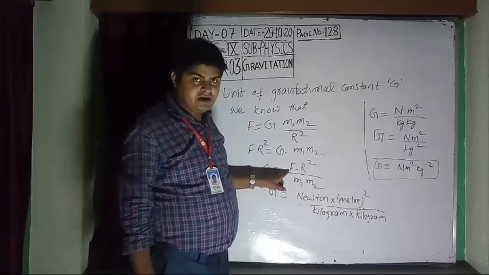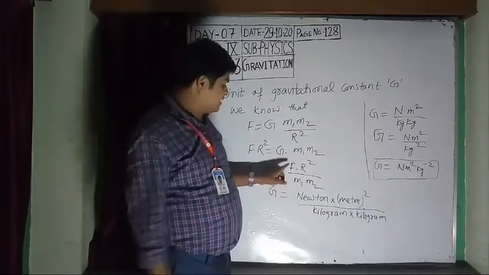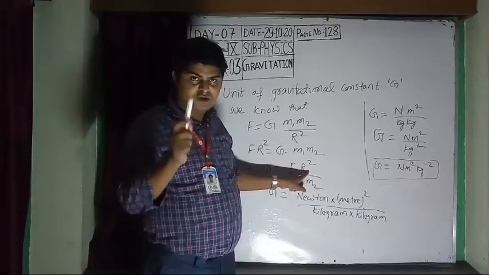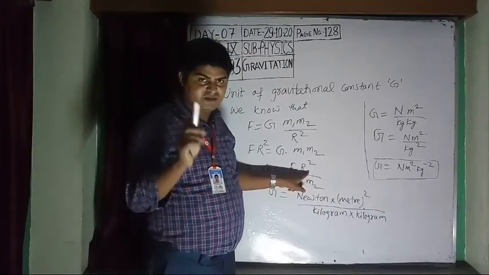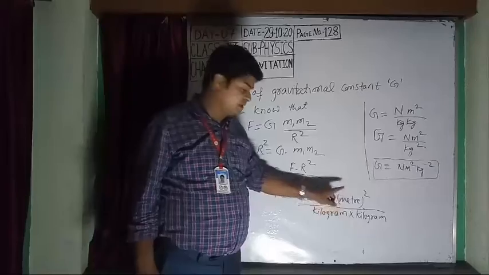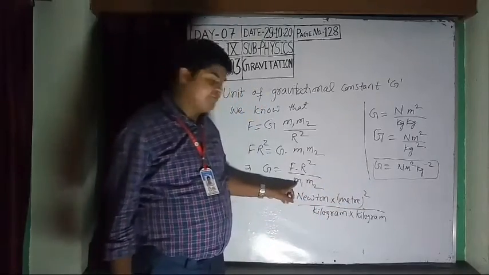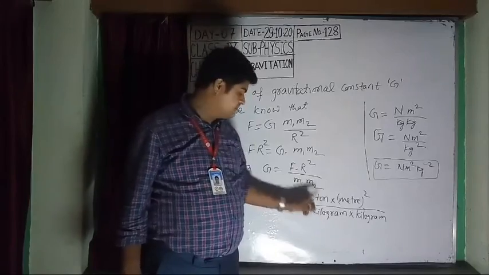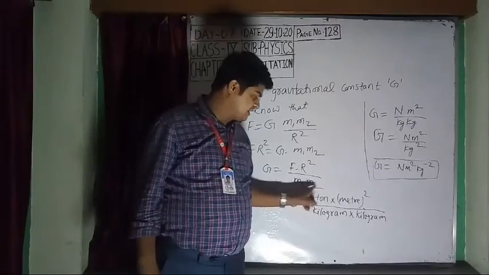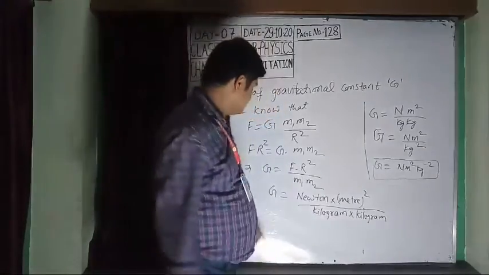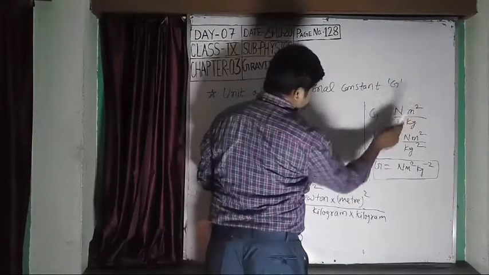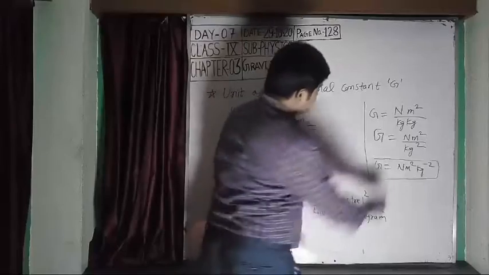F is force, so the SI unit of force is Newton. r is the distance between two objects, and distance is measured in meter, so it's meter square. m1 is the mass of the first object, and the SI unit of mass is kilogram. m2 is the mass of the second body, kilogram. So G is equal to Newton meter square by kg into kg.